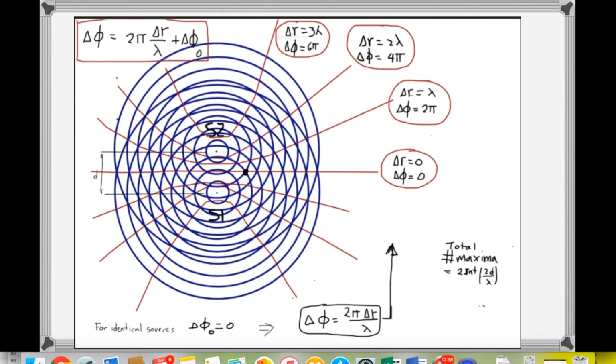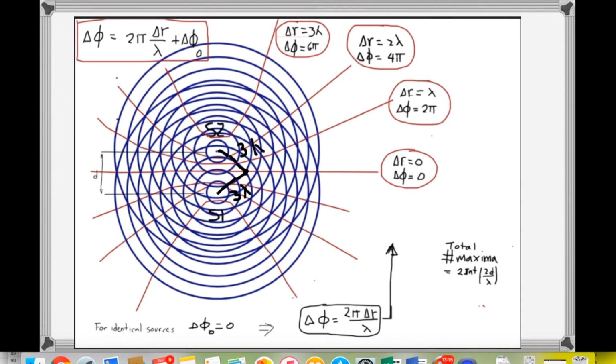Let's take a look at one point that is on the red line that bisects S1 and S2. That particular point has a distance between S2 and that point of 3 lambda, and the distance between S1 and that point is also 3 lambda, which tells us that the path length difference, delta r, is 0, which gives us a difference in phase of 0.